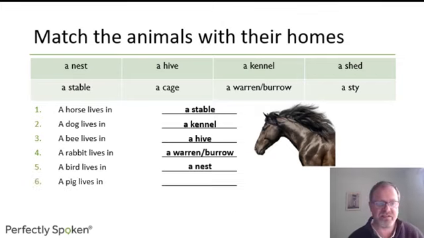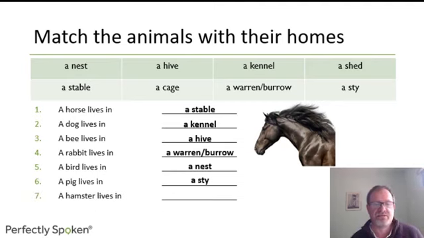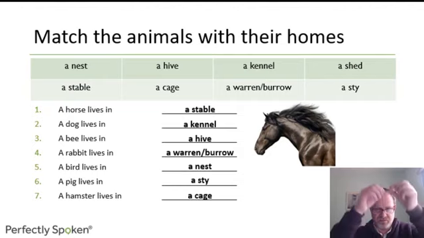Okay, number 6, a pig lives in a sty. The term pigsty is often used to refer to a place that's very untidy, very messy, as in, his bedroom is like a pigsty. It means it's a mess. It's things lying all over the floor, etc. Number 7, a hamster lives in, well again, this would be domestic, a cage with metal bars.